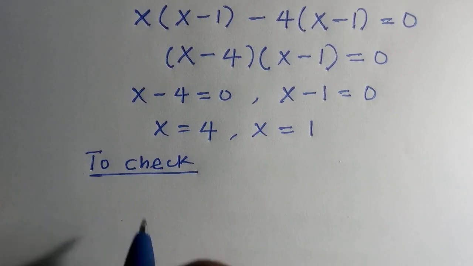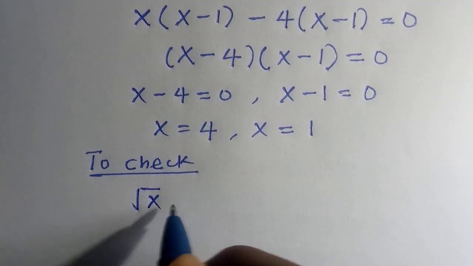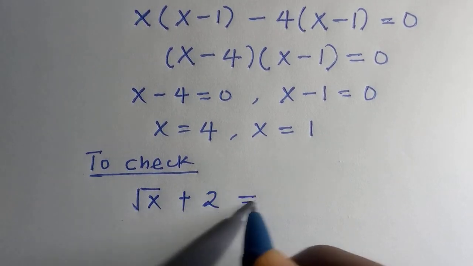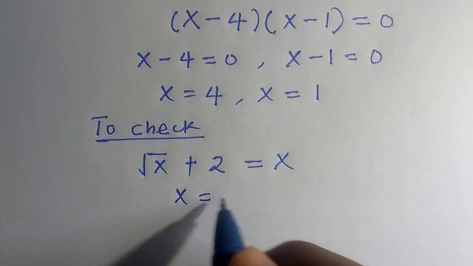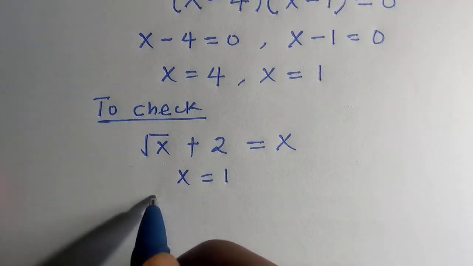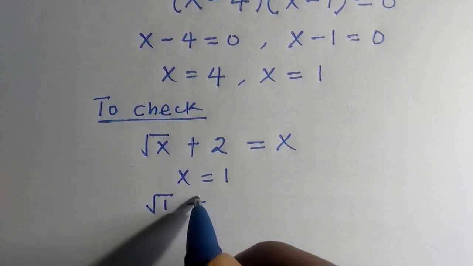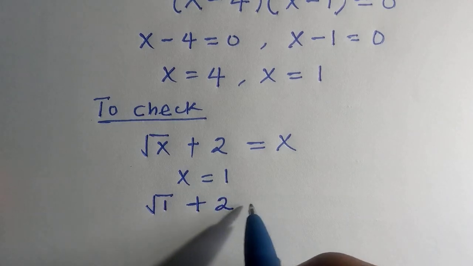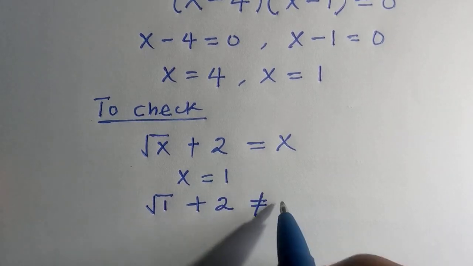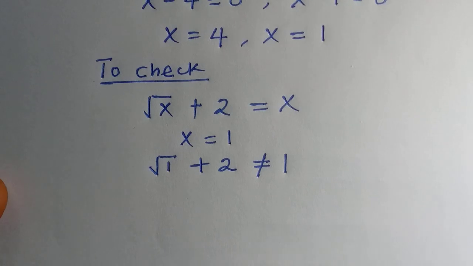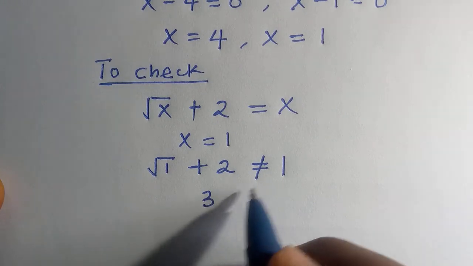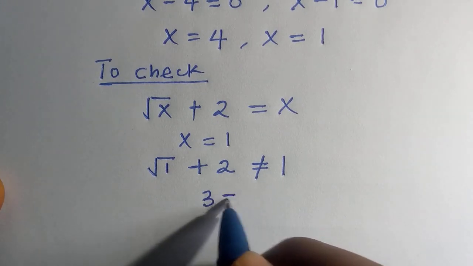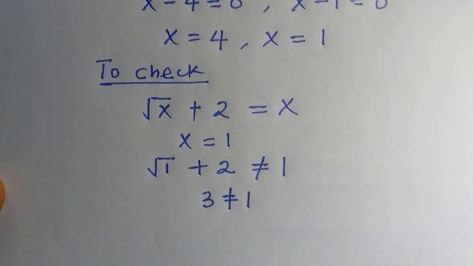By checking, we are given root x plus 2 equals x. Now let's check for when x equals 1. If x equals 1, we have square root of 1 plus 2, and we know truly that this is not equal to 1, because the whole of this is 3, and that is not equal to 1.